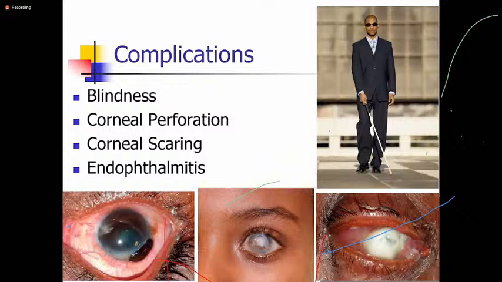So when it progresses to the posterior segment, it causes endophthalmitis. And in most cases, if it's not treated early, the patient ends up losing the eye. You can imagine it's like having a bag of pus. So the eye becomes a bag of pus, so the eye has to be removed. So when you get these patients, try and handle them as carefully as you can to prevent all these things from happening.